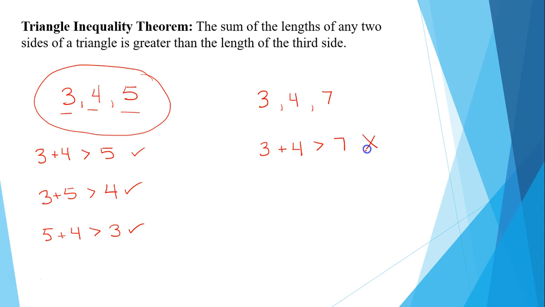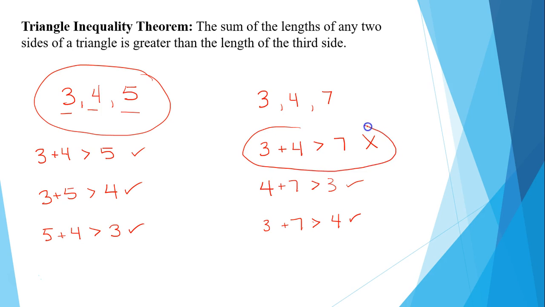So this does not work out. You can check to see the other two sides, like 4 plus 7, well, that is greater than 3. That works. And then 3 plus 7 also works. But if one of the inequalities is not true, then the whole thing fails. So these three segments do not create a triangle.